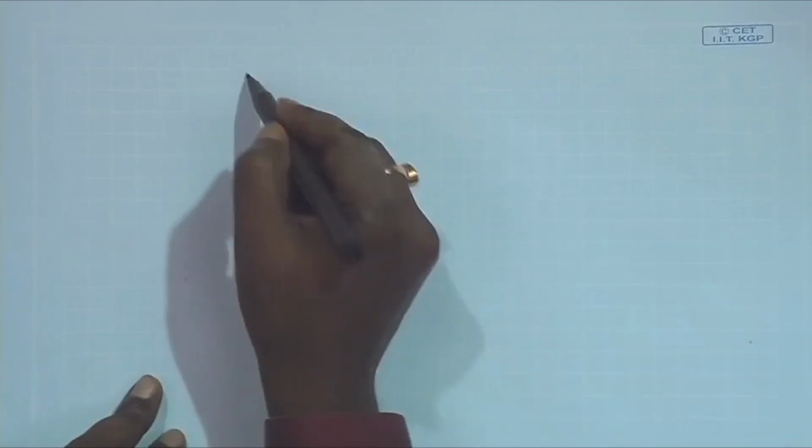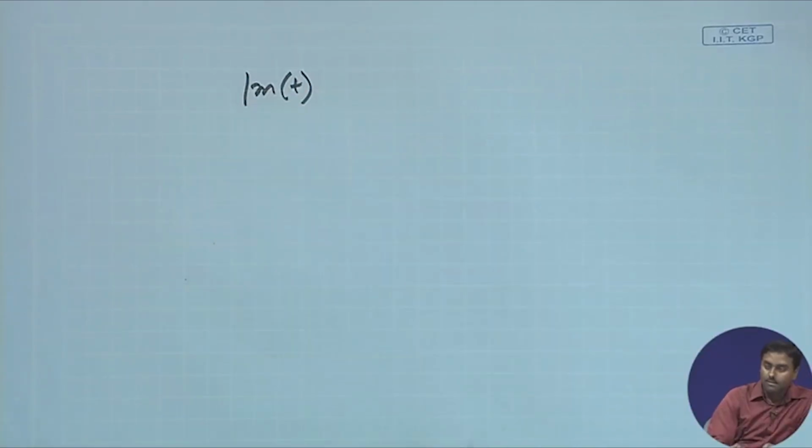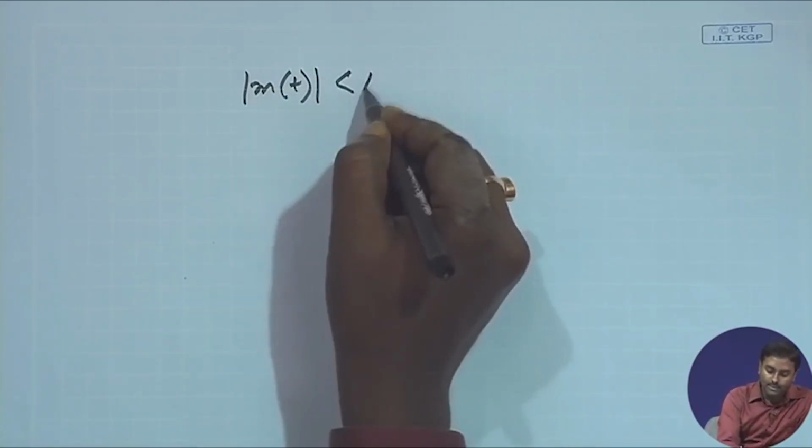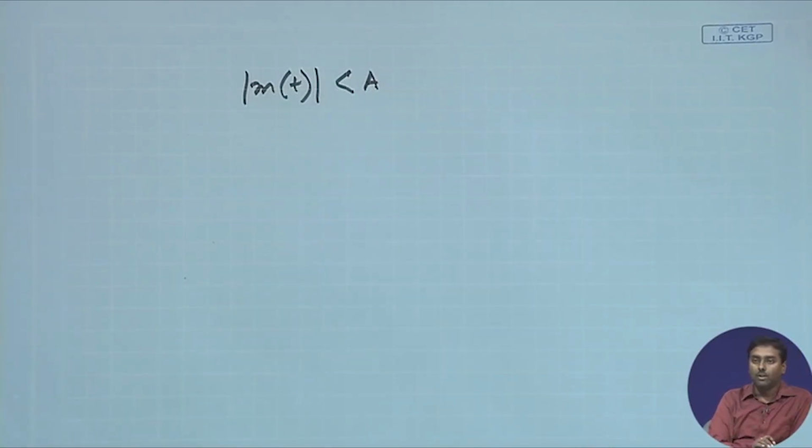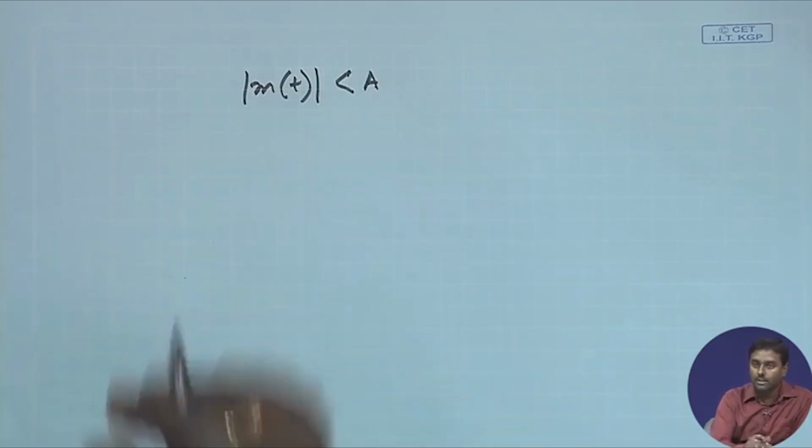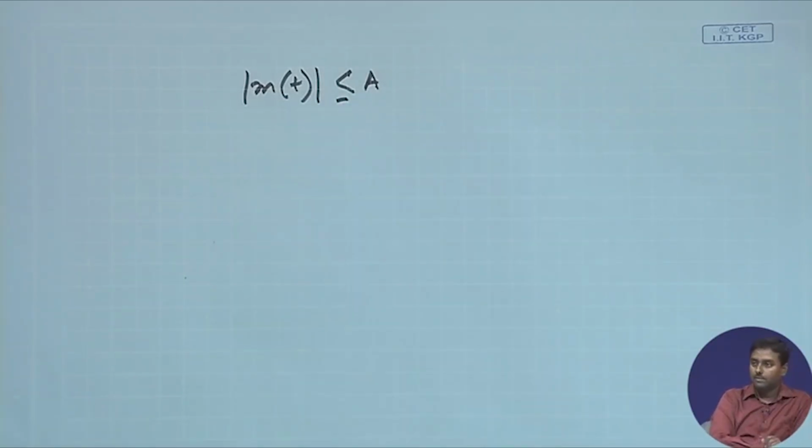For AM also there was a condition, right, that modulation index has to be just less than 1, or I need to say that mod of mt, at least the negative part of it and modulus of that, must be less than a. This condition has to be satisfied always. I was having this condition less than or equal to.